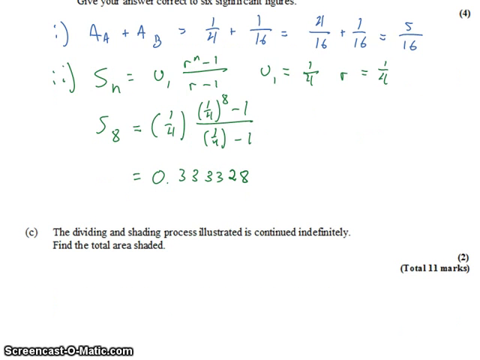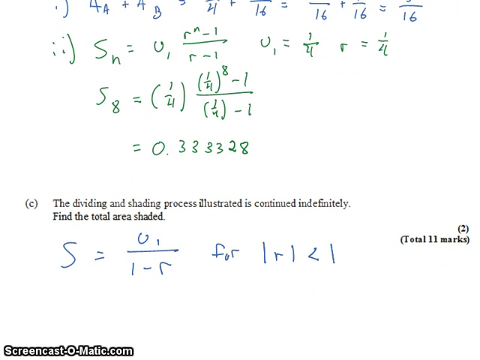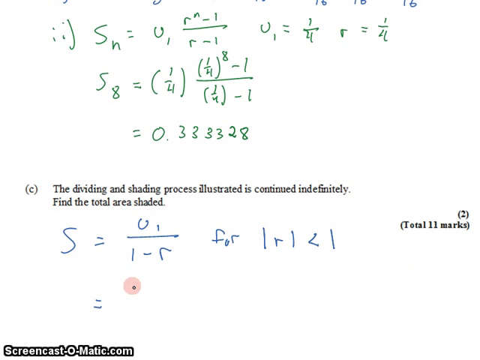Well, the last part says do that. Find the sum of the infinite geometric series. So the sum of an infinite geometric series is the first term over 1 take the common ratio. The common ratio's absolute value has to be less than 1, but in this case it is. The common ratio is a quarter. We know what U1 is. It's 1/4.